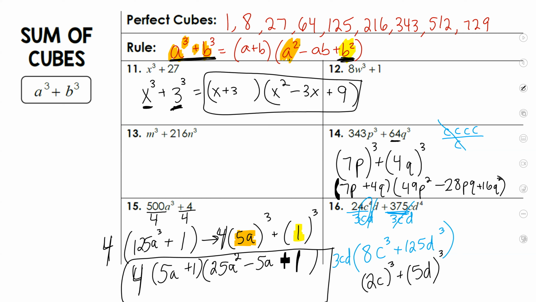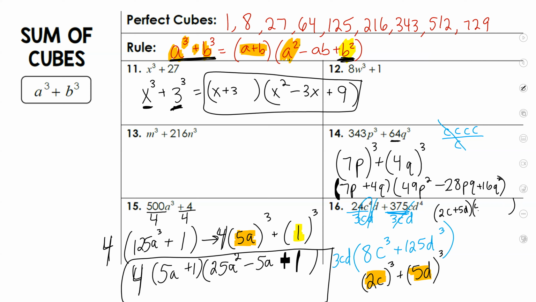Now we're going to use the formula. This is my A plus B, which is going to happen first. So this is A and this is B. That means this will be written as, I'll put my answer up here, 2C plus 5D. And then I'm going to do A squared. So what's 2C squared?